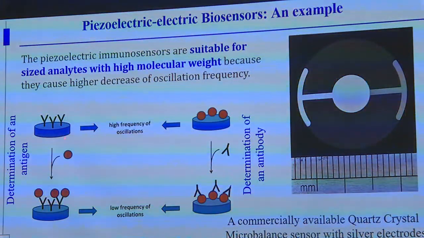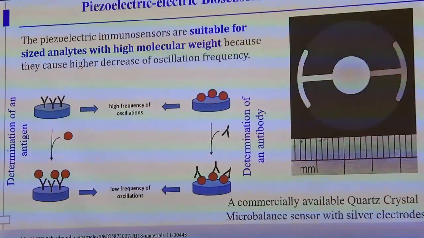This is one example. Here you have on the surface either antigen or antibody. In this case, you are determining antigen, so you should have antibody on the surface, and then the antigen will come and change the weight of your crystal. Conversely, you can determine the antibody.